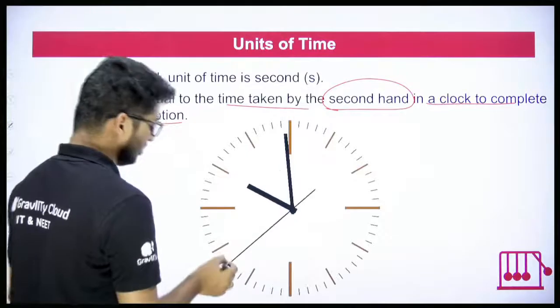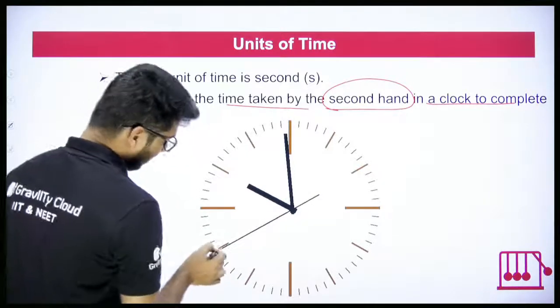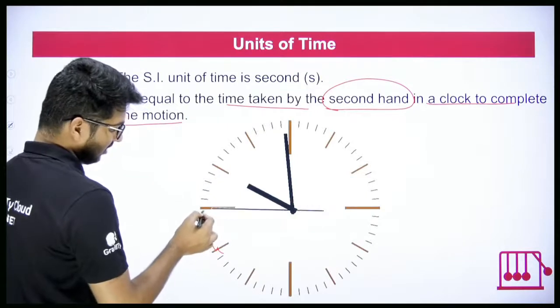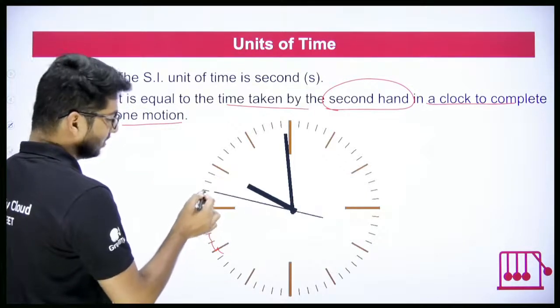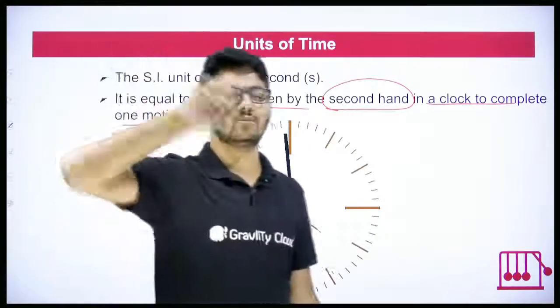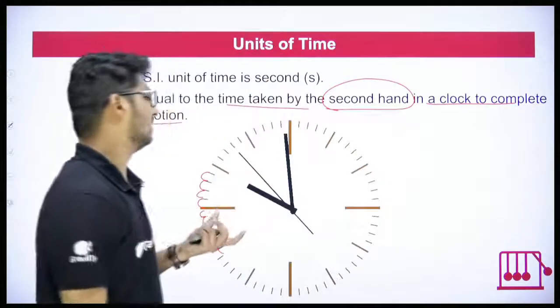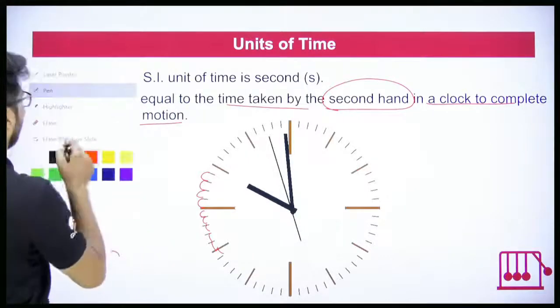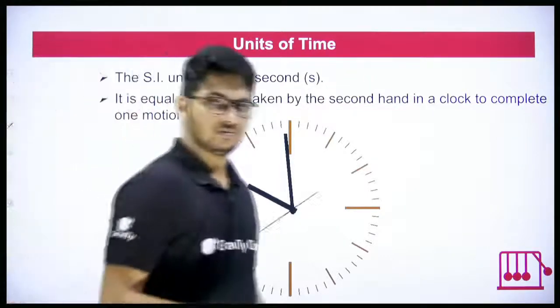Every single motion of the second hand is 1 second. Clear? So you can define 1 second in that way, yes or no?